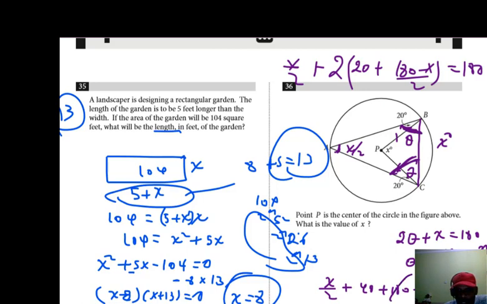When this is cancelled out, subtract 14 from both sides. So x over 2 minus x is equal to negative 14. This leads to minus x over 2 is equal to minus 14. So the value of x will be 18. So x is 18 degrees.